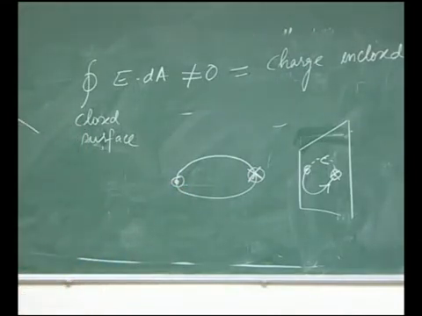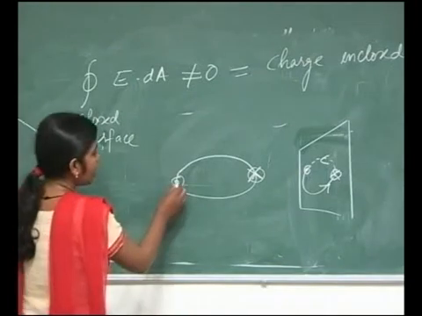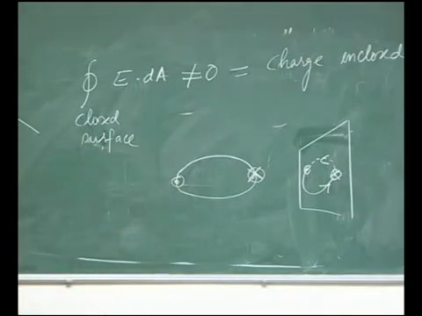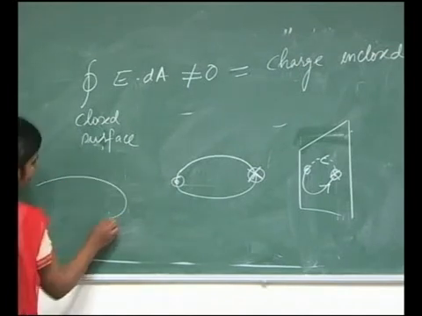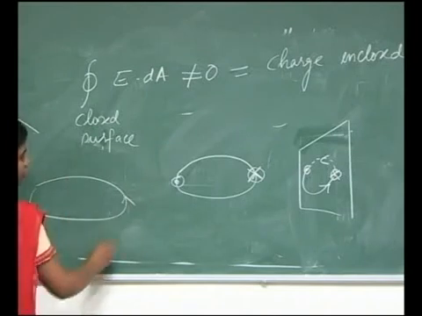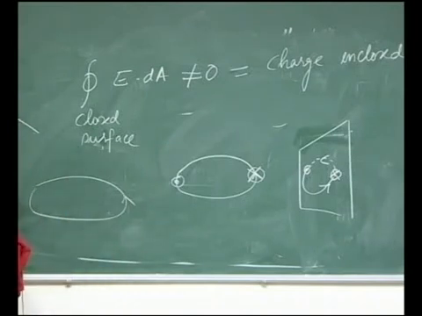Now what would be the direction of the magnetic field? Tell me. If I have a loop like this and current is moving like this, then what would be the direction of the magnetic field?